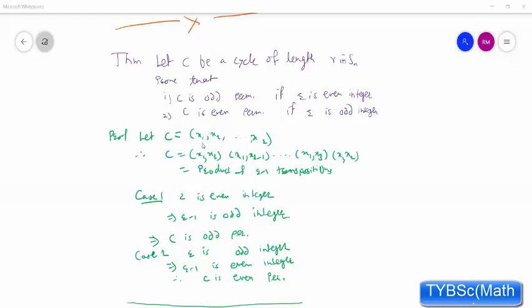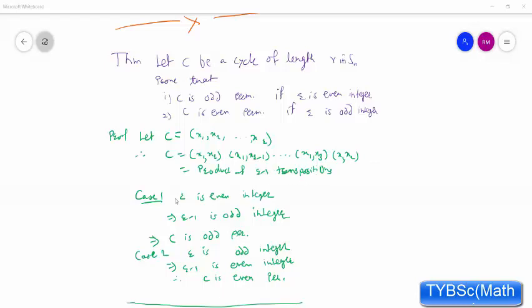So by that theorem we can write C equal to (x1, xr), the second transposition (x1, xr minus 1), next (x1, xr minus 2), and similarly ..., (x1, x3), (x1, x2). If you count, these are R minus 1 transpositions. See here, we start from 2 and reach up to R, not from 1. That's why there are R minus 1 transpositions.